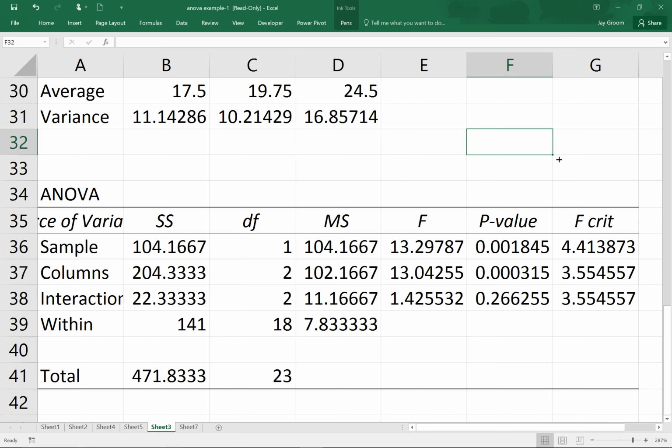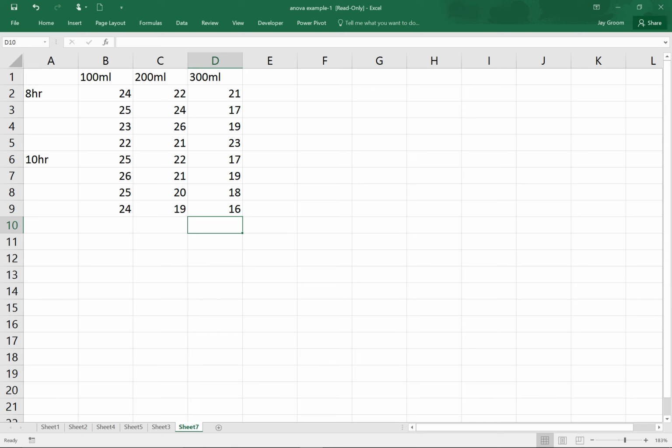Now, what if, hypothetically, what if I change some of these up a little bit? Okay. I'm going to change the top one.